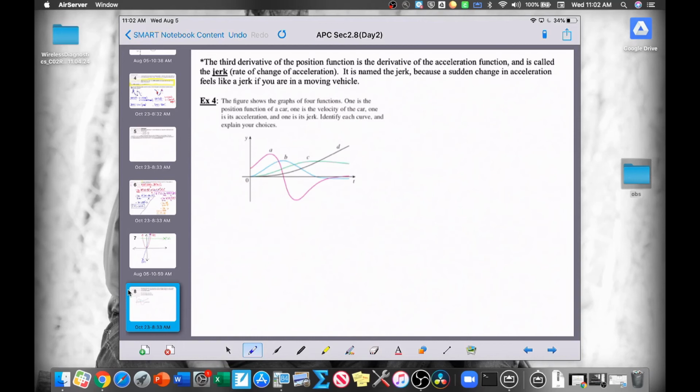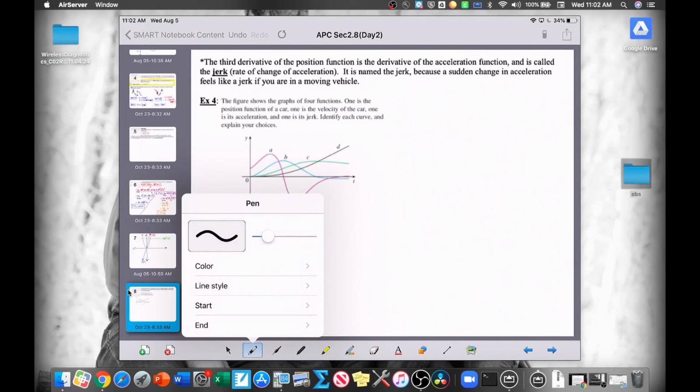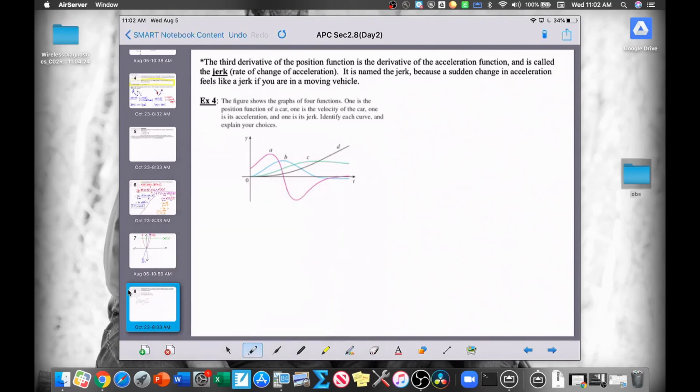So if we try to identify our position function, which would be like our original f of x function, we'd be looking at functions on the graph that are always positive. And if we're talking about position, we'd also be looking at where it's always increasing. So I would say, just based on my picture here, that letter D would be our position function, or our f of x.